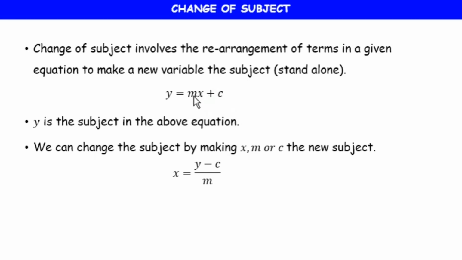The expression here is just showing us what y is. But there are times that we will be required to change this subject, meaning that apart from y, which is the original subject, we have other variables like m, like x, and then we have the c.